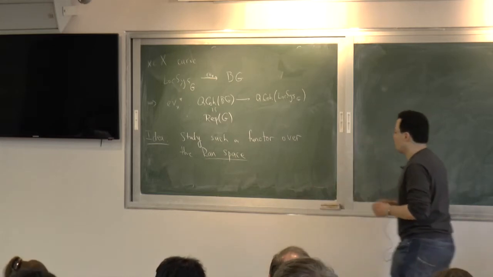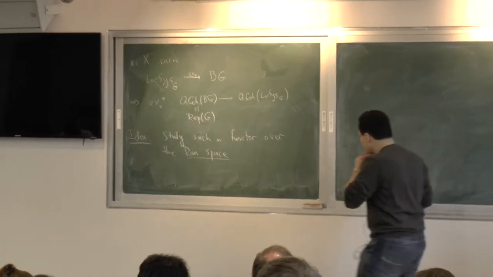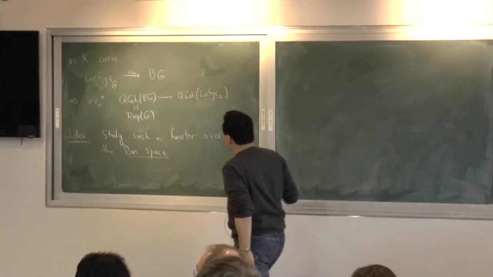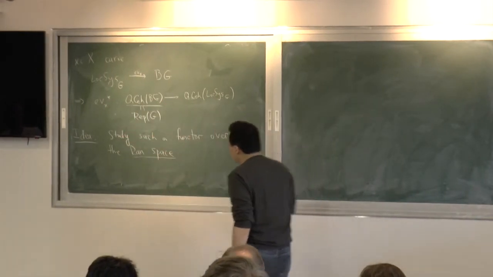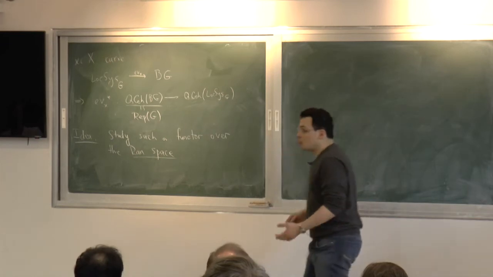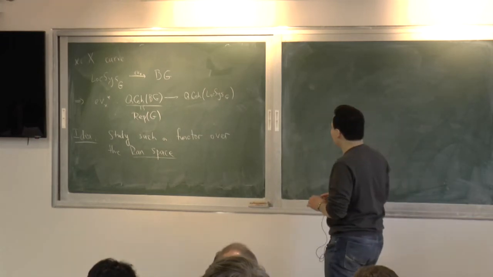We already saw that we can build that starting with quasi-coherent sheaves on BG, or Rep G. Because it's a symmetric monoidal category, we can build a factorization category.